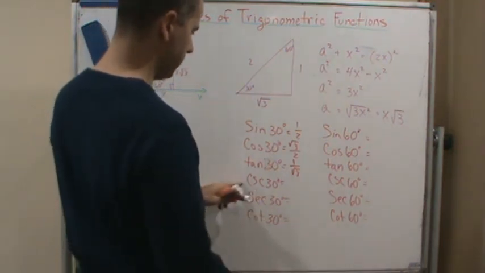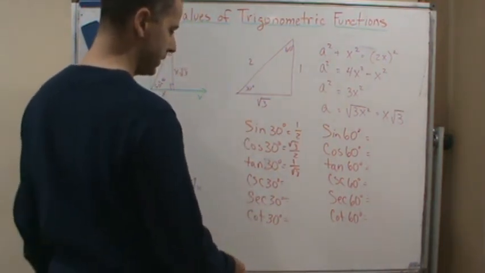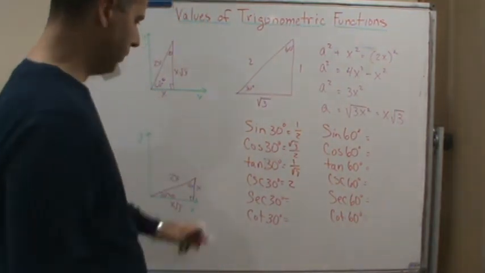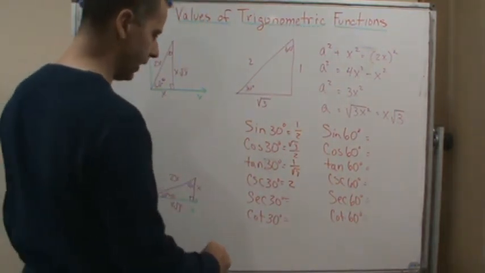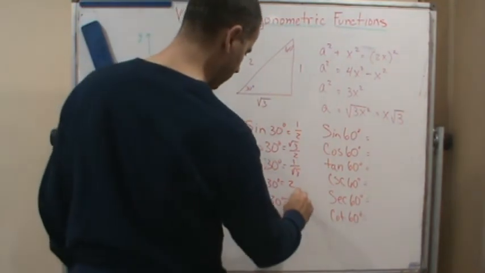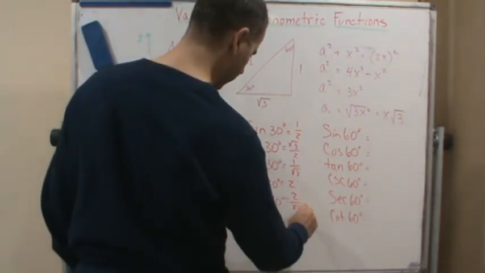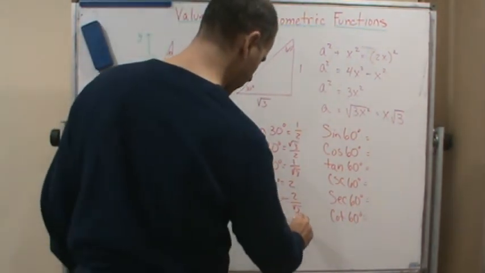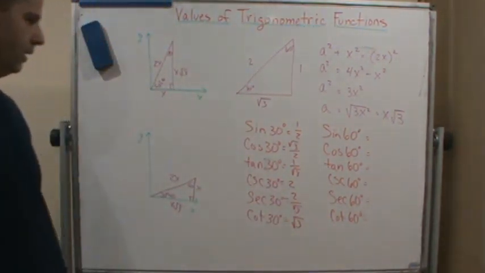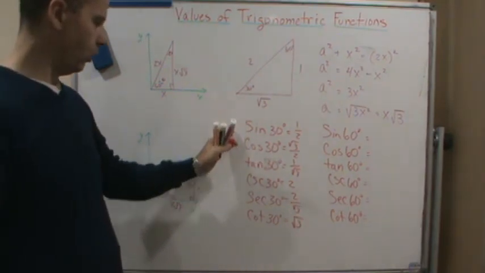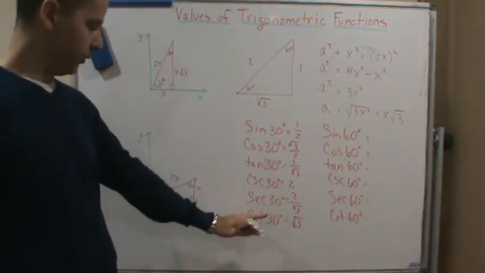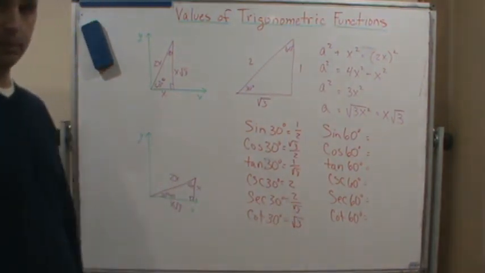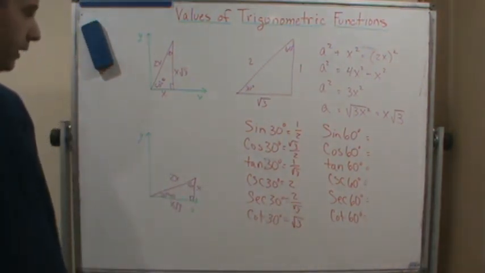Cosecant of 30 degrees, the reciprocal of sine, is going to be 2. The secant, the reciprocal of cosine, is going to be 2 over the square root of 3. And then cotangent, the reciprocal of tangent, is just going to be the square root of 3. These ratios will always be the same.